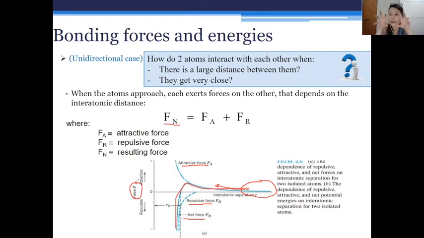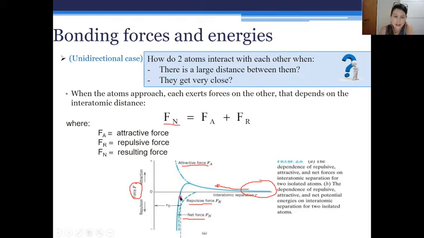So with no force, the atoms will not try to separate, and they will not try to attract each other even more. This zero resulting force corresponds to a specific distance, which we see right here, which corresponds to R0.